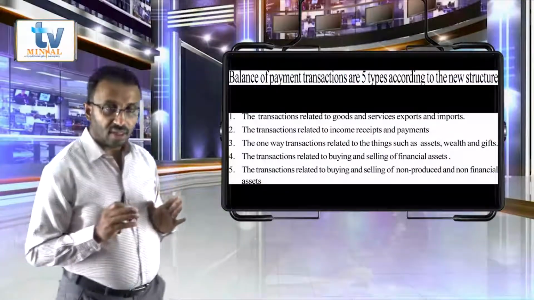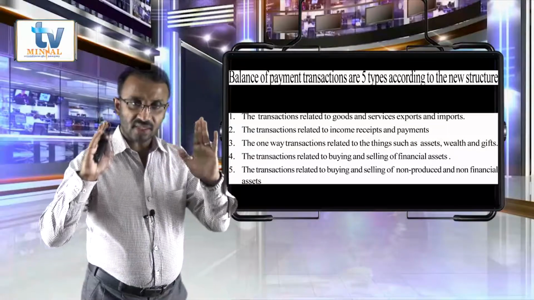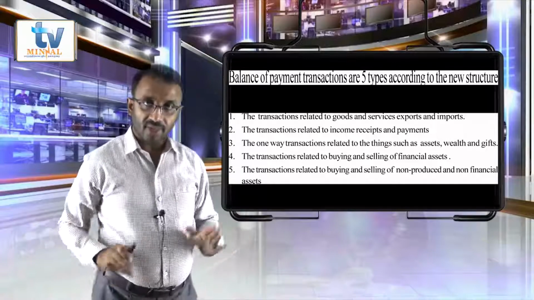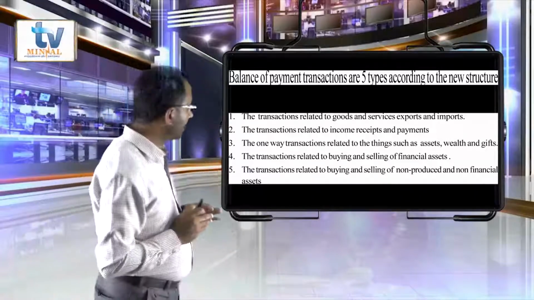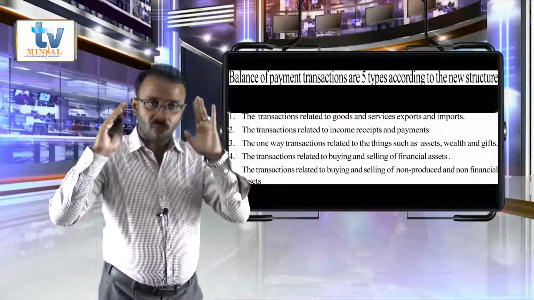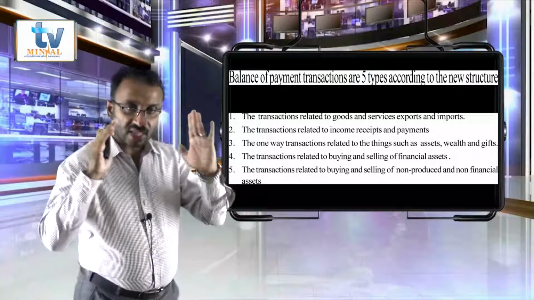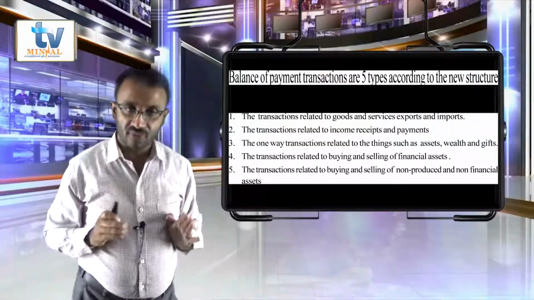For example, the transactions related to goods and services, exports and imports. The transactions related to income receipts and payments. Third one, the one-way transactions related to things such as assets, wealth and gifts.